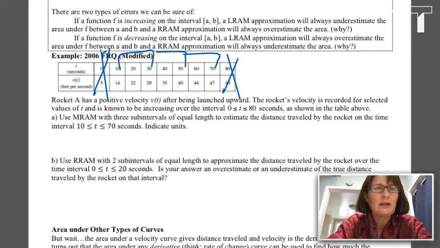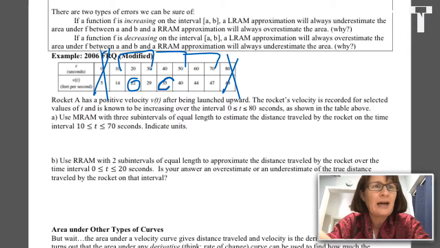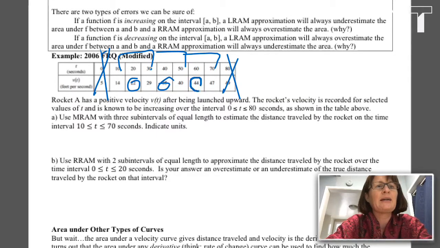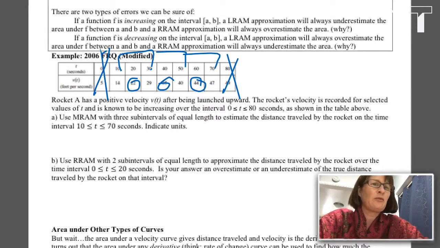My first rectangle covers from 10 to 30, which means I care about how tall the rectangle is when time is 20. My second rectangle covers from 30 to 50. Halfway between 30 and 50 is 40, so I care about the function height when time is 40. My last rectangle covers from 50 to 70. I care about the height of the rectangle when time is 60.